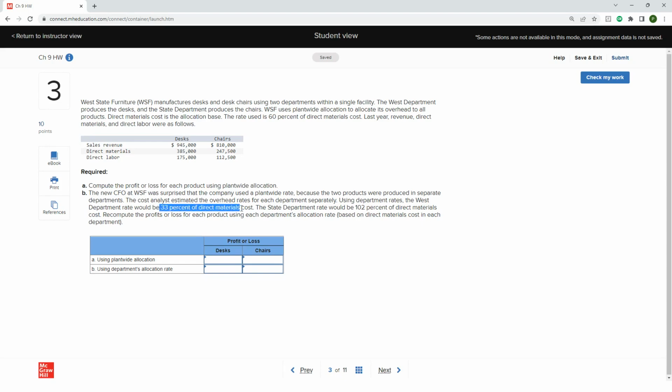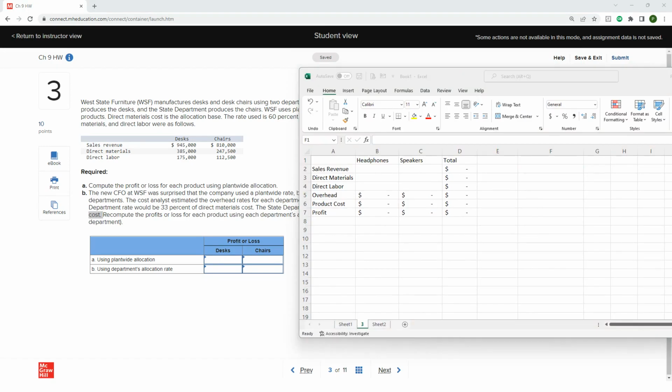And in the State Department, they're going to do 102% of direct materials cost. So we're going to also crunch the numbers that way. So I'm going to use my Excel spreadsheet again and input the numbers that are given to us in the fact pattern. And then we're going to calculate the overhead amounts.